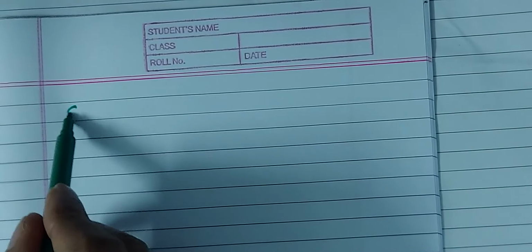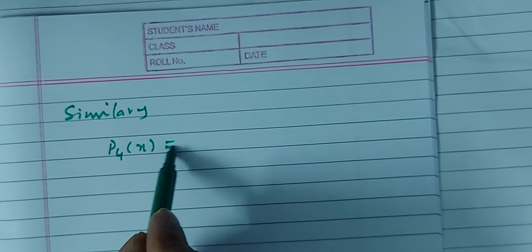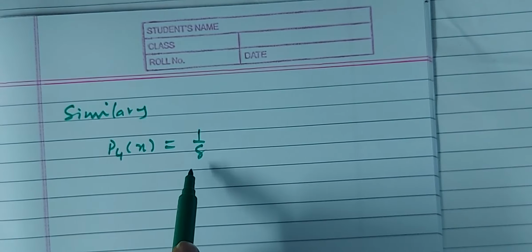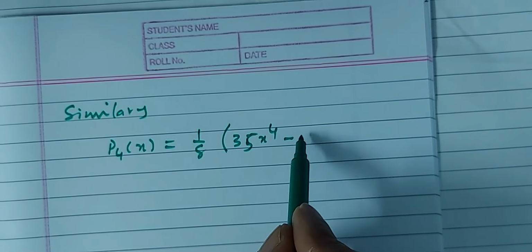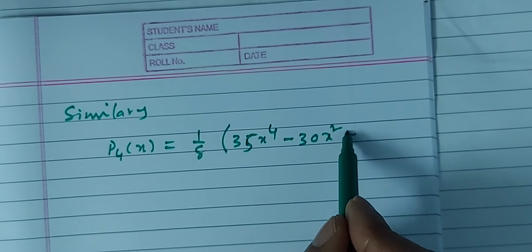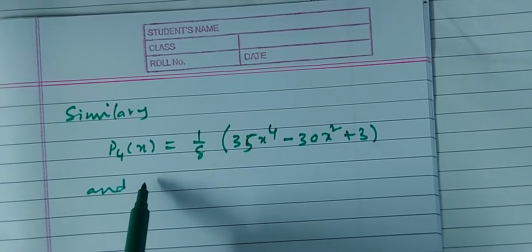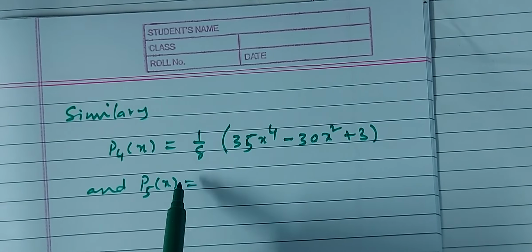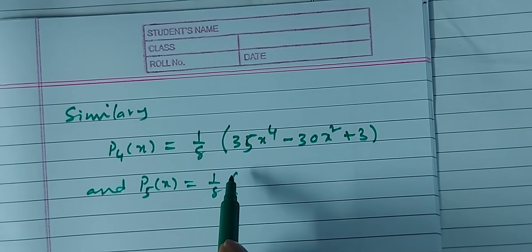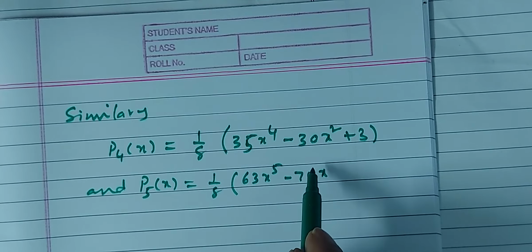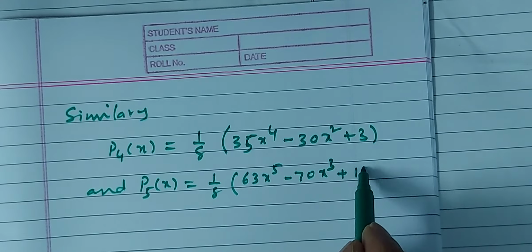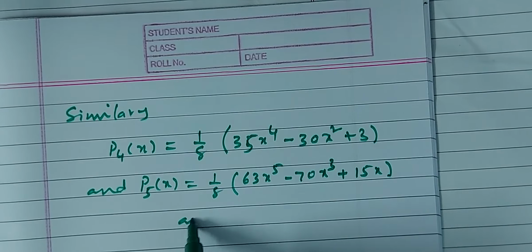Similarly, when we continue, P4 of x is equal to 1 by 8 into 35x power 4 minus 30x square plus 3, and P5 of x is equal to 1 by 8 into 63x power 5 minus 70x cube plus 15x, and so on.